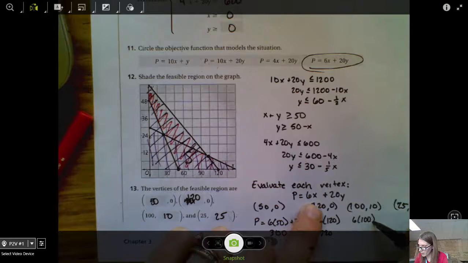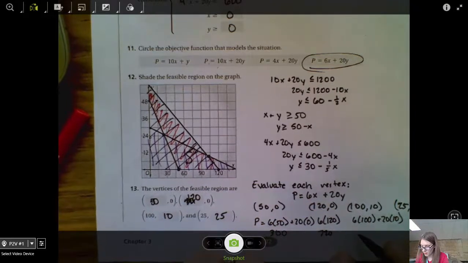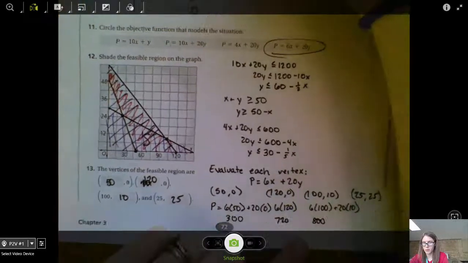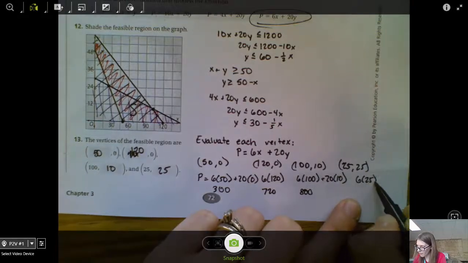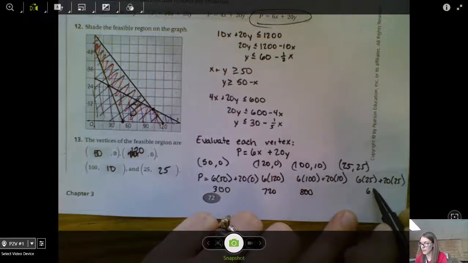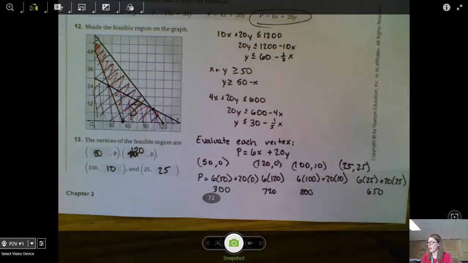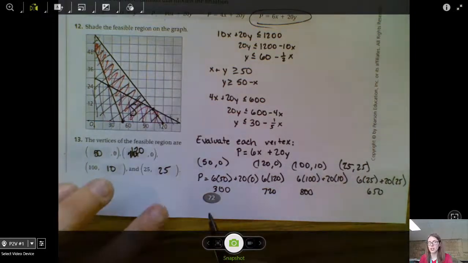6 times 100 plus 20 times 10 is 800. And then 25, 25, 6 times 25 plus 20 times 25. This ends up being 650. So I went through that kind of fast, but that's our process.